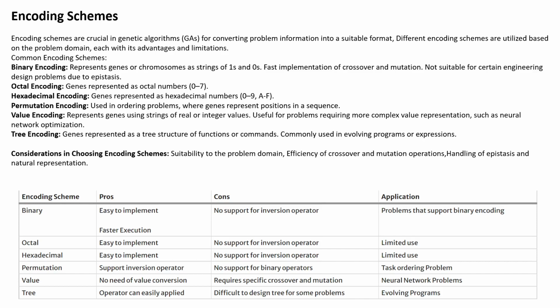There is also value encoding, where genes can be represented using strings of real or integer values. This is useful when problems require more complex value representations, such as neural networks. So in deep learning and neural networks, value encoding is quite commonly used.